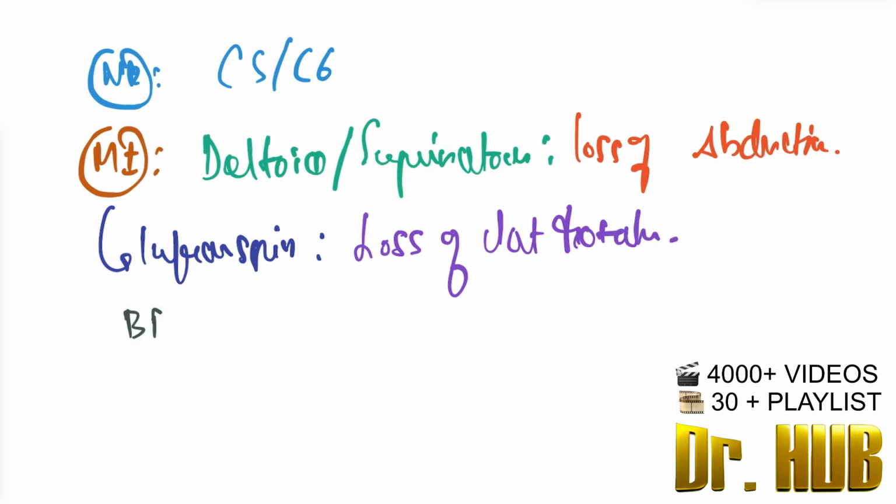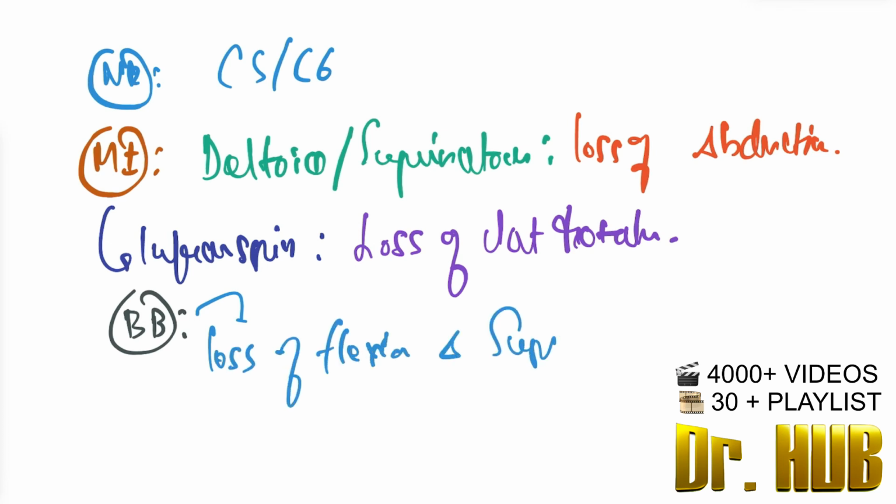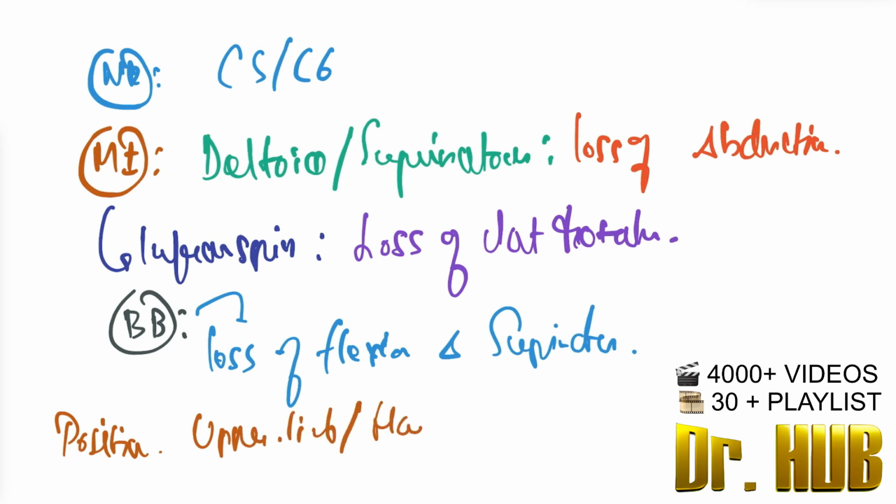Next comes the question on the BB. BB means the biceps brachii, which is involved with the loss of flexion as well as supination. Next comes a question on the position of the upper limb or the hand.